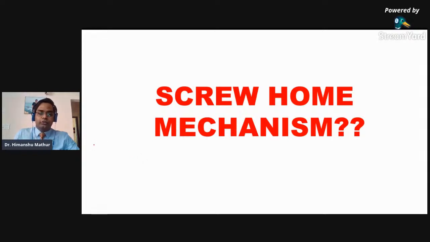So the first question is, we are talking about open kinematic chain. In open kinematic chain, it means the tibia is free to move and femur is fixed. Now I'm talking about extension. While the knee joint is going into extension, at the terminal extension range of motion, how does the tibia rotate?